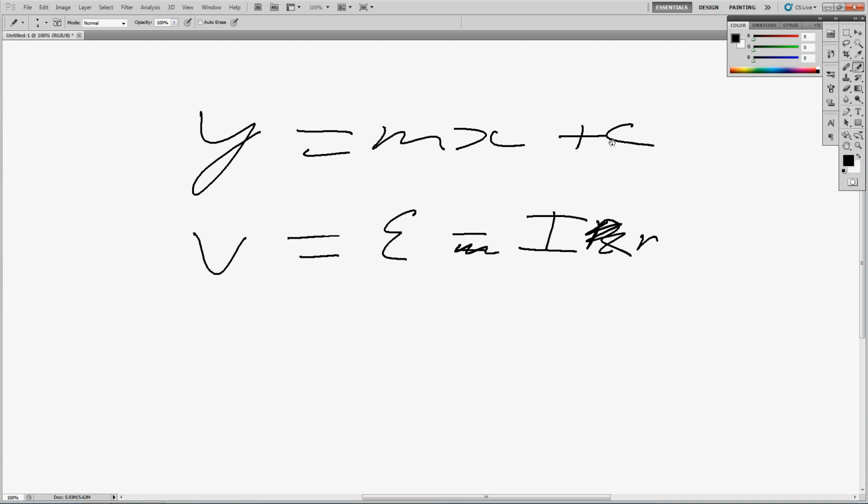Excuse me. And so actually this is all backwards again, isn't it? So what we've really got is lowercase r, uppercase I, except there's a minus there, and we're going to have plus EMF.